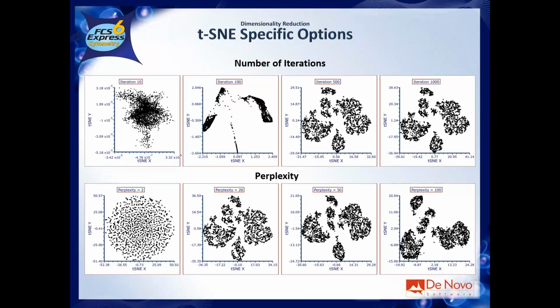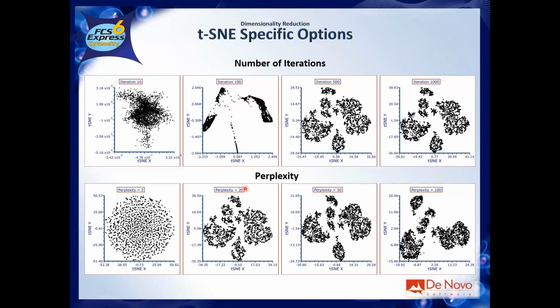So for example, if you set perplexity to 2, you are expecting very small groups of cells, each containing very few cells. So basically, you will end up with a lot of small groups. And basically, this is not helping you in analyzing your data.